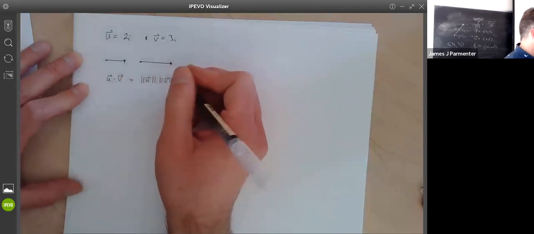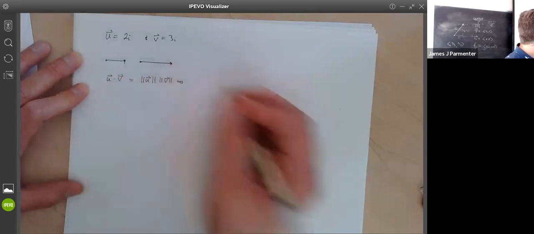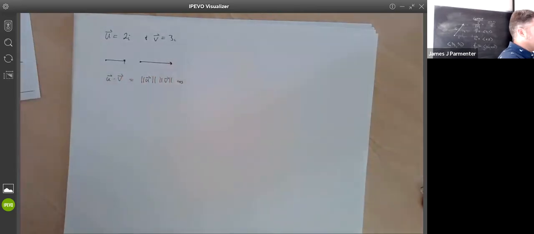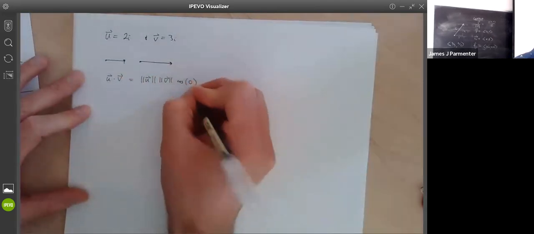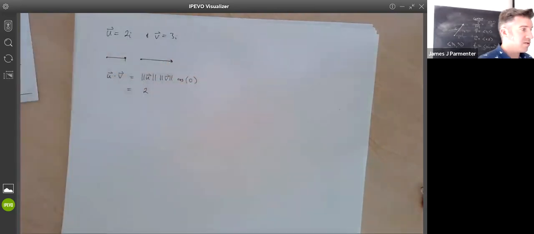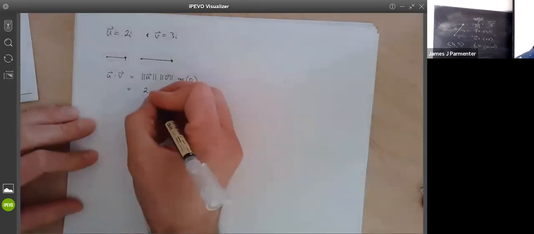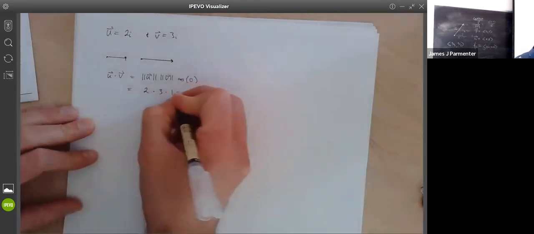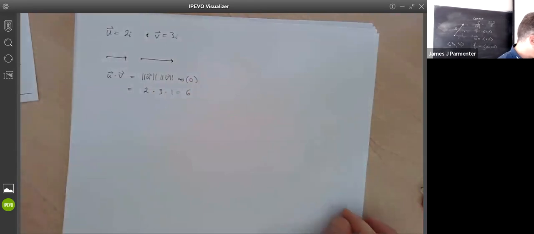What's the angle between these two vectors? Well, they're pointing in the same direction. So the angle is 0. There's 0 angle when they point in the same direction. So that's going to be, well, the magnitude of 2i is just 2. If the vector only points in one direction, you can just take the coefficient of it, well, the absolute value of the coefficient, to get the magnitude. So the dot product here is 6.